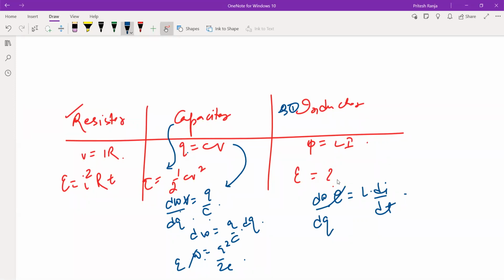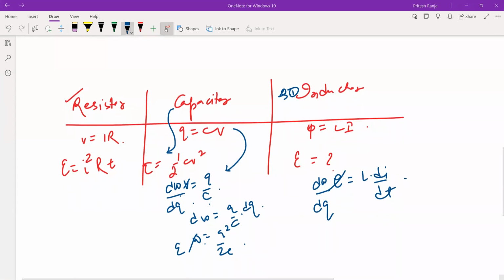And now we can integrate it to find the work. But it would be hard to integrate here. So let us use the expression E is equal to L di by dt.